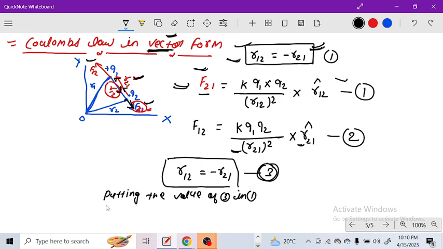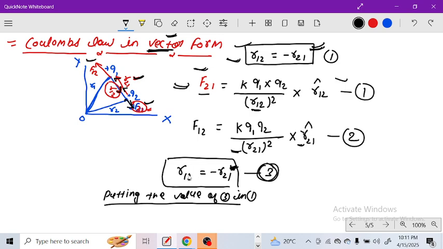Okay, so what we will get here, I can write minus R21 in place of R12. Can I write, Kavya? Yes, sir.